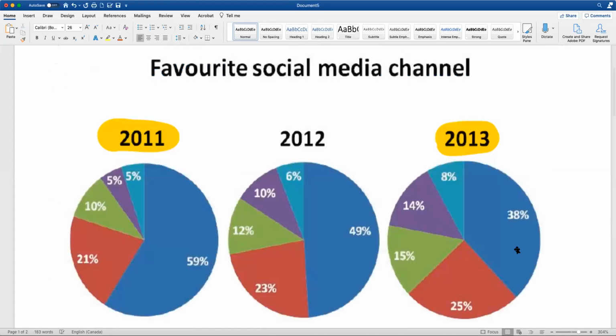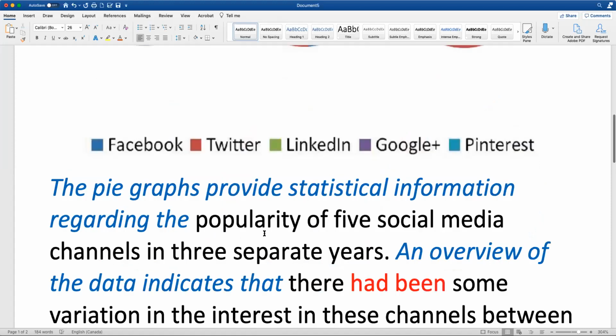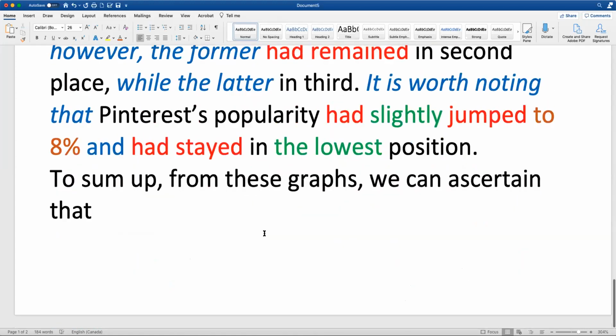Well, it seems to me like Facebook's control had decreased, right? Because Facebook almost had 2/3 in 2011. And then it had dropped to 1/3. So that's what we need to emphasize here.